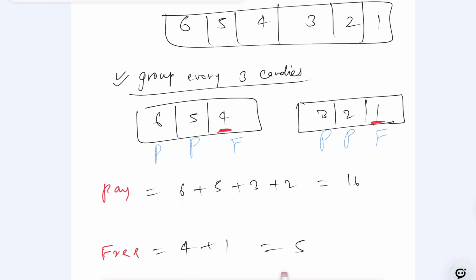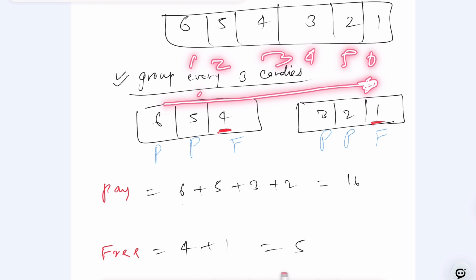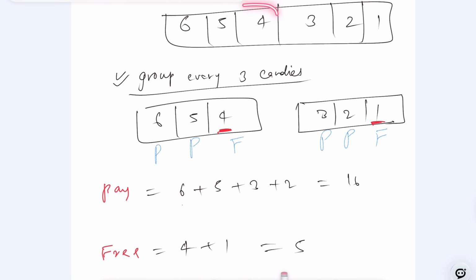So we can process from the end, because it is like this, 1 2 3 4 5 6. You should start from here and keep going down. You will process these three first, like this. So we can process from the end.